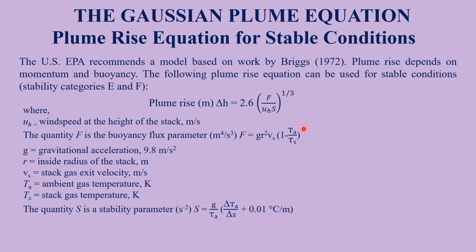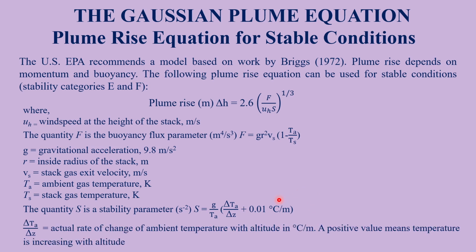So, and the quantity S is the stability parameter. This is also determined by using this formula. G by Ta is equal to del Ta by del Z plus 0.01 degree per meter, and this g is 9.8, Ta is ambient gas temperature in Kelvin. So this parameter del Ta by del Z is the actual rate of change of ambient temperature with altitude.